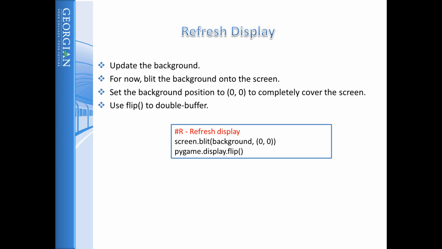If you think about our screen as a top level window, and the background is just a frame, or some kind of a surface that we're defining on our top level window, we're actually displaying that. We're almost redisplaying this thing or refreshing the background onto our screen again. And then we're using this display flip to actually double buffer it, to give it more memory, so that when we do animation, there's not as many lost frames, if you will, and jitteriness.